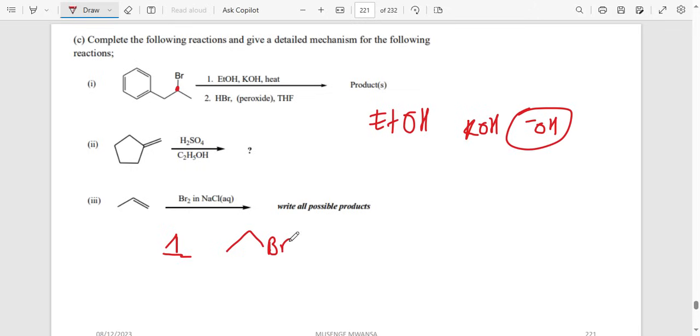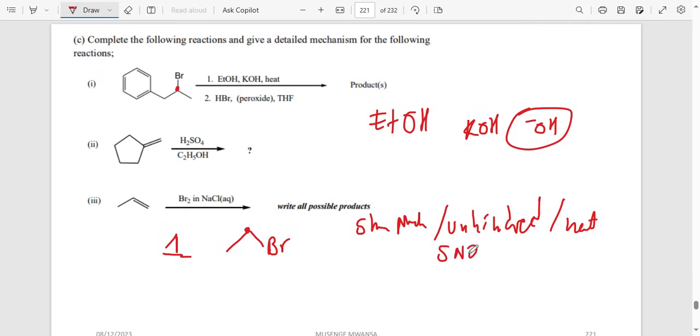This one is primary because the bromine is attached to a carbon that is only bonded to one carbon. When you have got a primary alkyl halide with a strong nucleophile, which is unhindered, and also you heat the solution, the reaction is more going to happen by SN2.